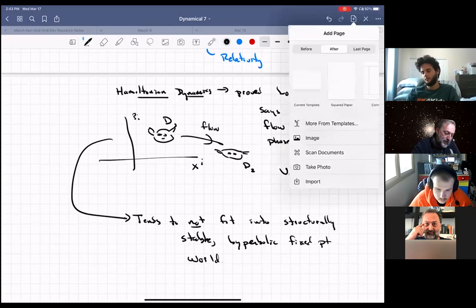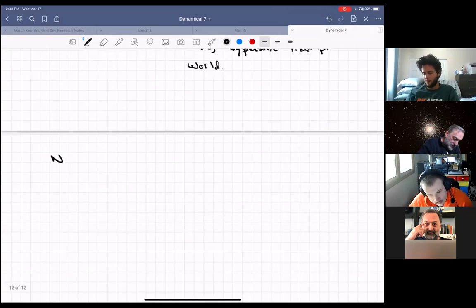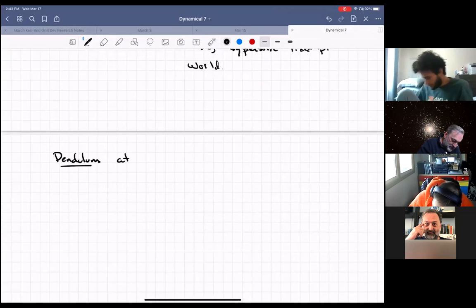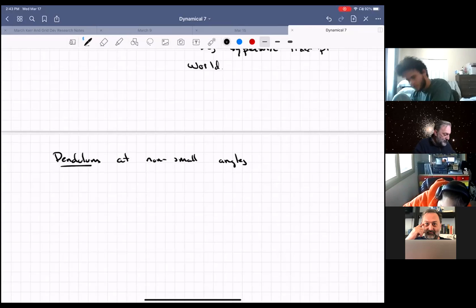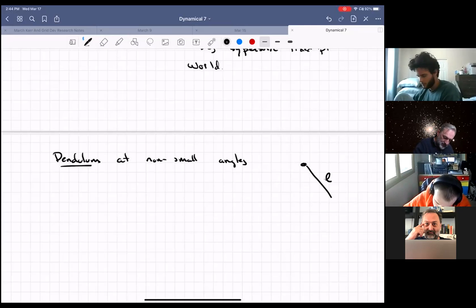Okay. Now, there are still interesting nonlinear Hamiltonian dynamics problems. So, for example, if I do the pendulum at non-small angles, let's suppose here's my pivot point, and I have some length here and I have some mass at the end.